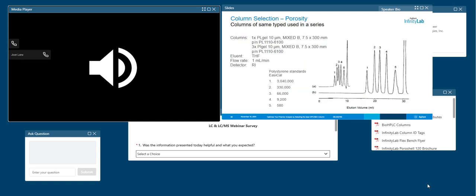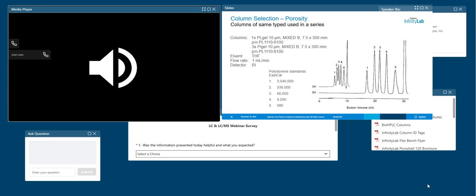Here's an example showing some PL-gel mixed B columns run both singly and then combined in a set of 3. The mixed B column is a larger 10 micron particle and has a molecular weight range of 500 to 10 million, and here we're running a set of EasyCal PS standards. You can see with running one 10 micron column, we see our 5 standard peaks are resolved, but not very well resolved.